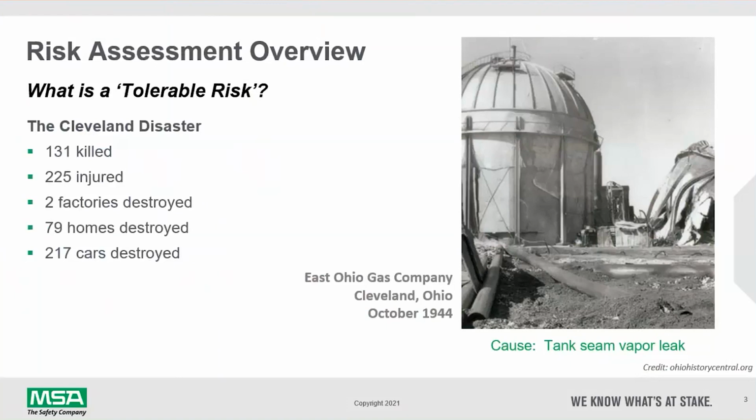And that would be an example of the Cleveland disaster in 1944 at the East Ohio Gas Company in Cleveland, Ohio, where the cause was found to be a tank seam vapor leak. And it killed and injured hundreds of people. It destroyed factories, homes, and cars. And this was the first commercial LNG plant in the United States.